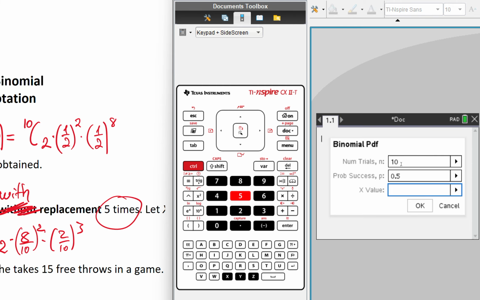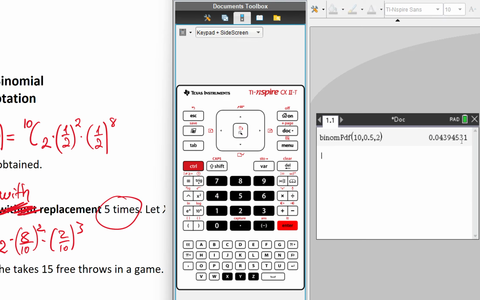What do I want to calculate? The probability of getting 2 heads, right? So x becomes equal to 2. Then you press tab and hit OK, and that gives you the probability of getting 2 heads when you flip a coin 10 times.